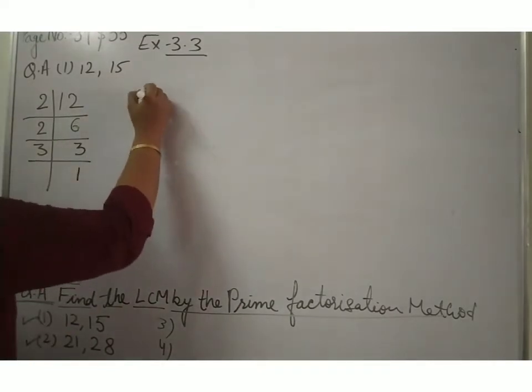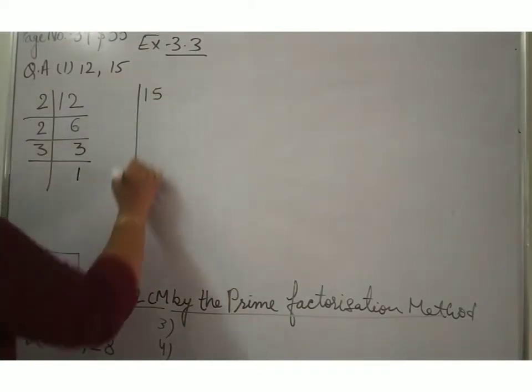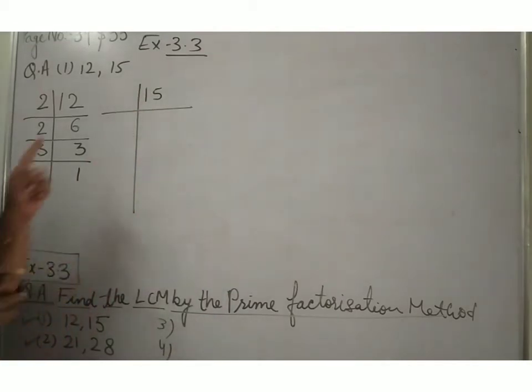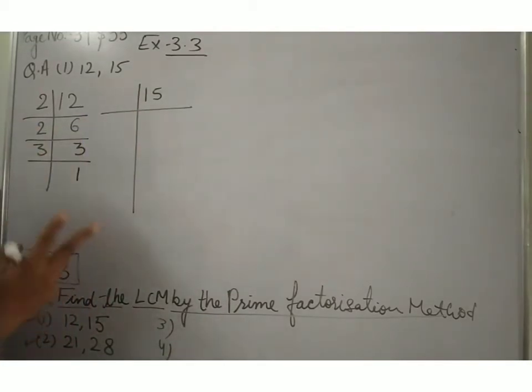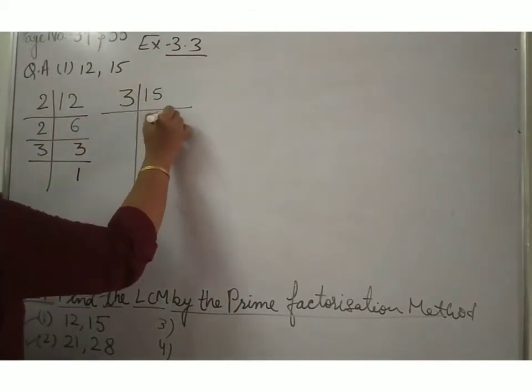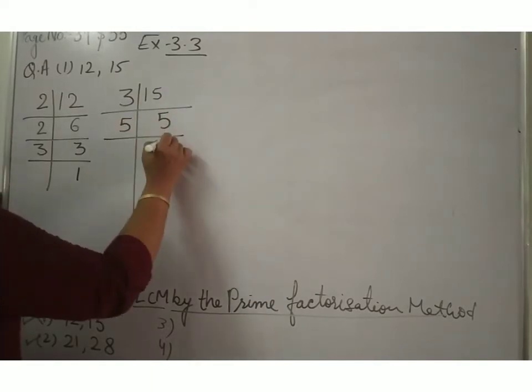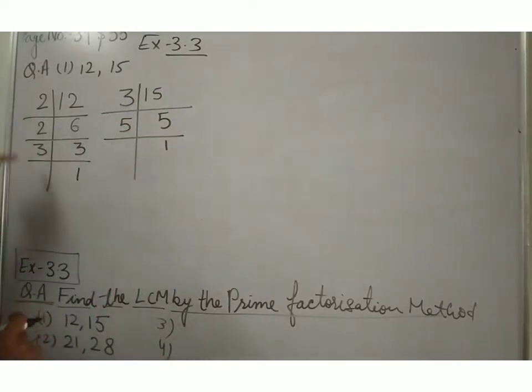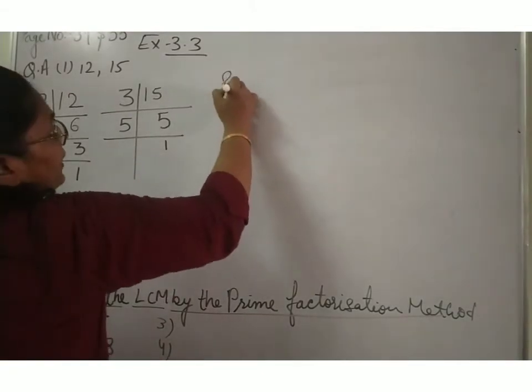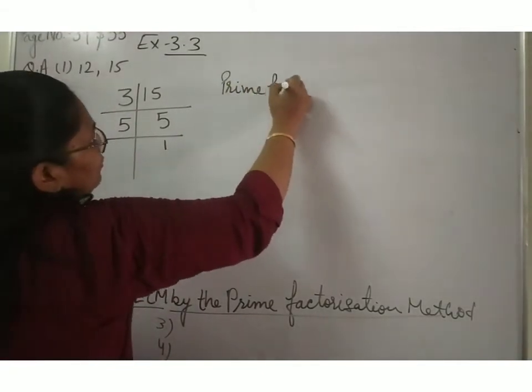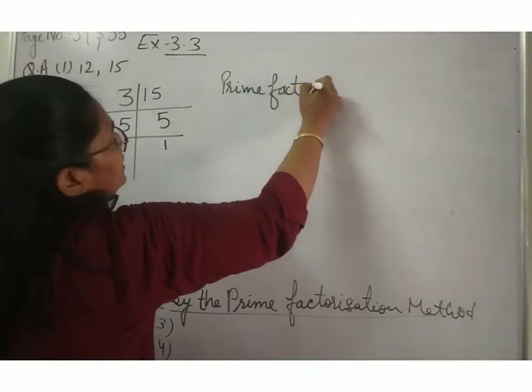The second one is 15. 15 is not divisible by 2, so I will take 3. 3 fives are 15 and 5 ones are 5. So these are all the prime factors. Now we write all the prime factors of 12 and 15.